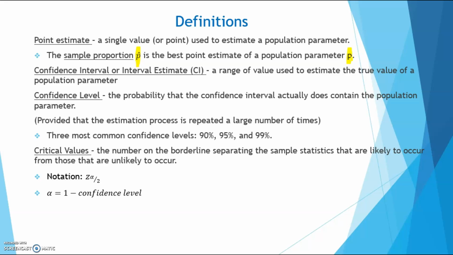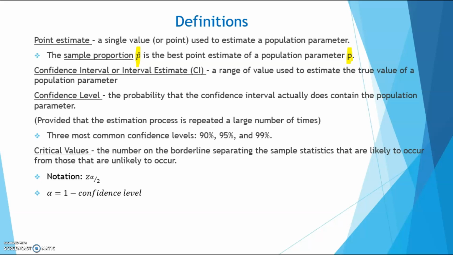Now, this confidence interval, that's what we're going to find. It's going to be a range of values used to estimate the true value of the population parameter. So you'll have a range of values, and hopefully the true value of the population parameter, or proportion in this case, is somewhere within that range.